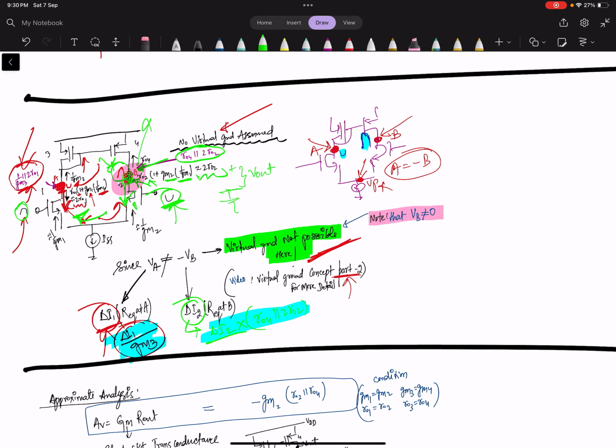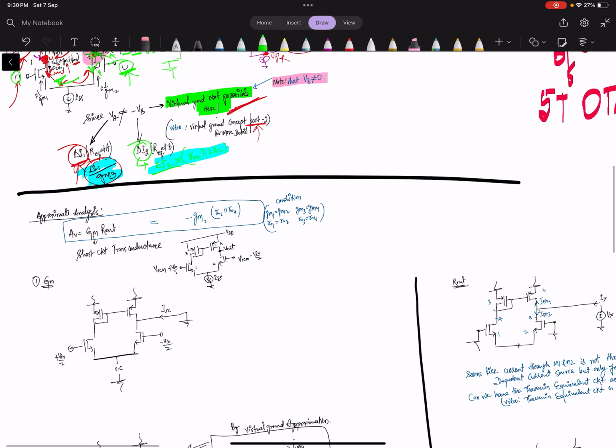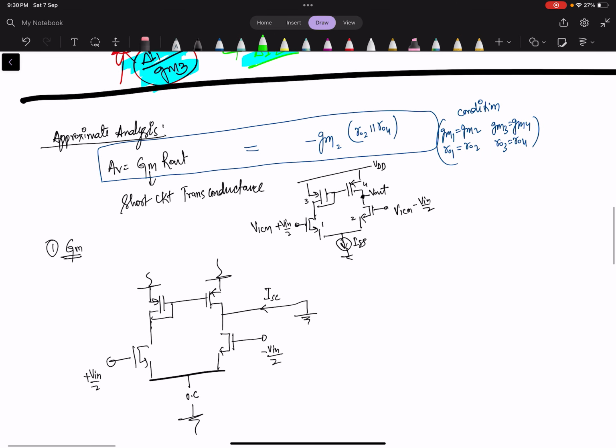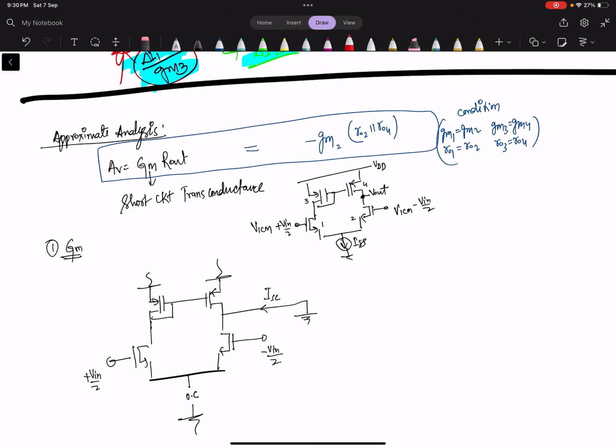Now let's go to the approximation. We know that we cannot use this virtual ground concept, but let's analyze how we can analyze the circuit. The voltage gain is equal to the short circuit transconductance multiplied by R out from that point.